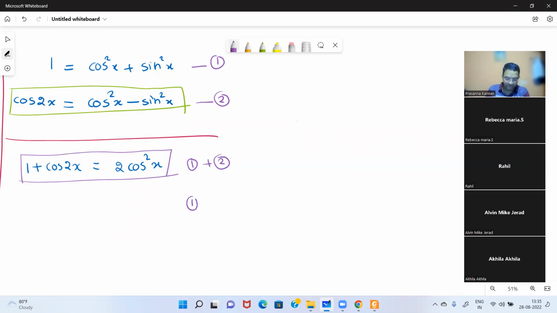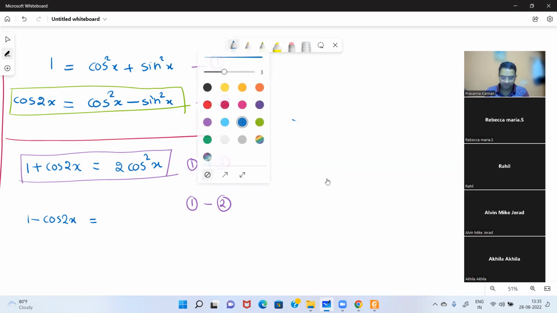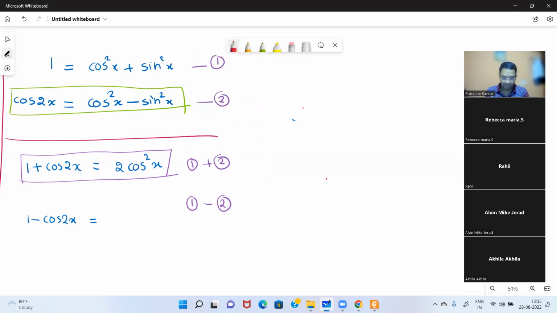Instead of adding, if I subtract, tell me what will happen. On the left hand side, I'll get 1 minus cos 2x. When you subtract, on the right hand side, cos square x and cos square x will cancel.